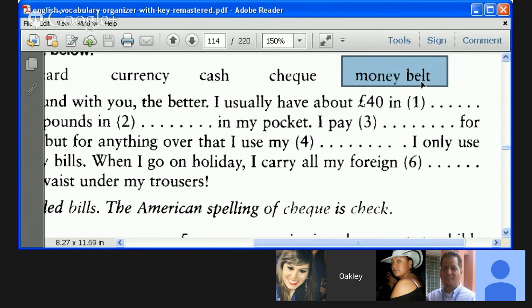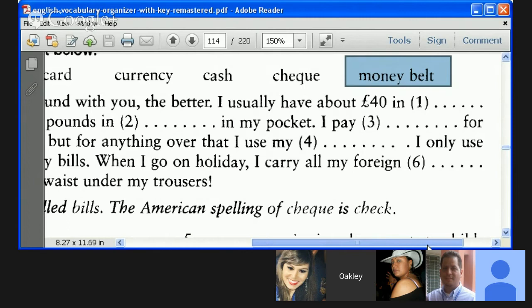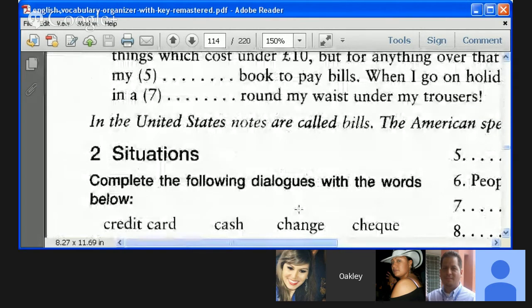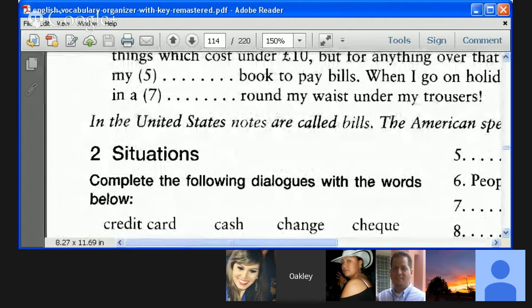Your wallet in your pocket is very easy for someone to steal. Or if somebody robs you, they may say, "Give me your wallet." Great. You give them the wallet, and you have $3 in it, and then your money belt has $3,000 in it under your clothes. So who cares? Let them have your wallet.